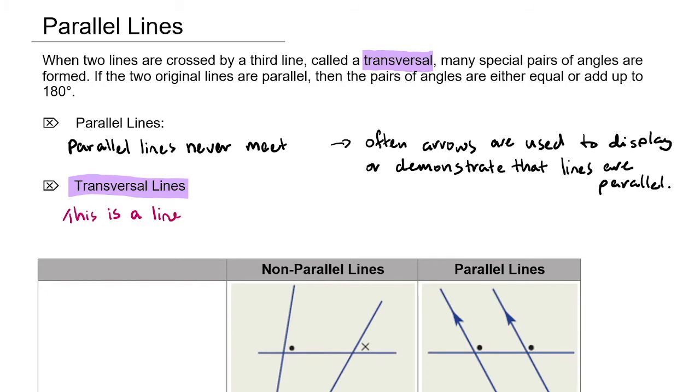It's a line in and of itself that can cross two or more other lines.